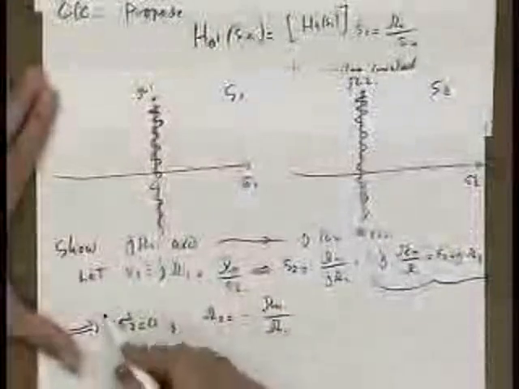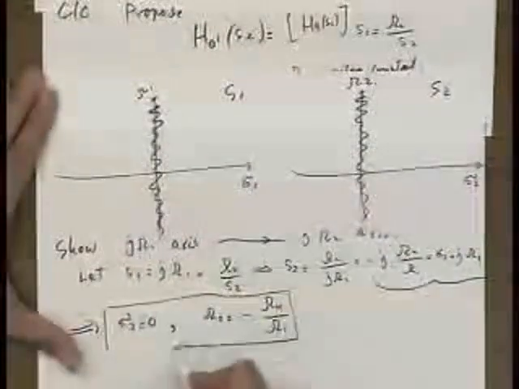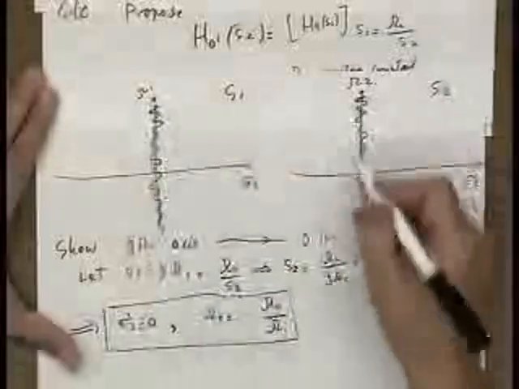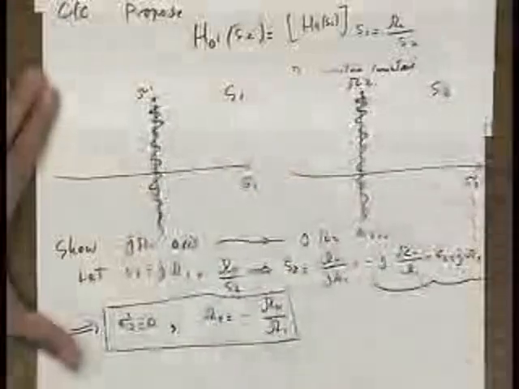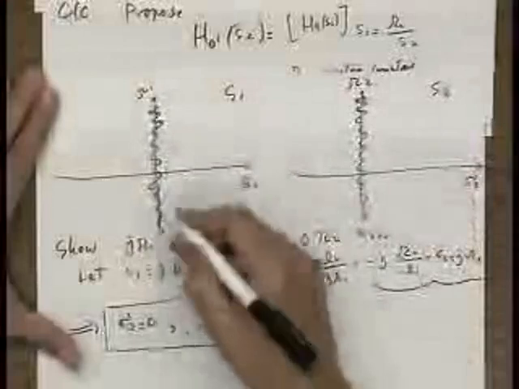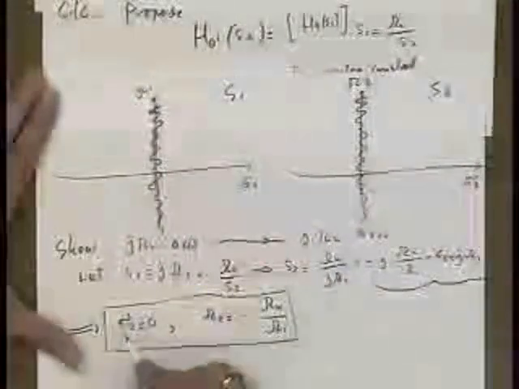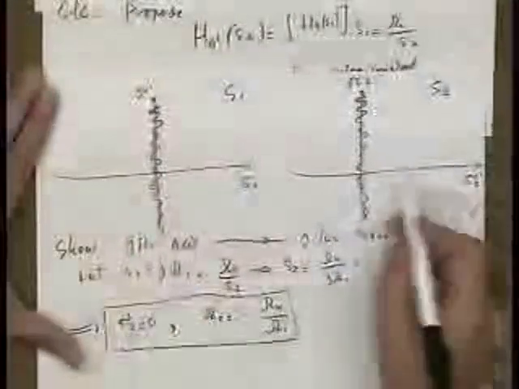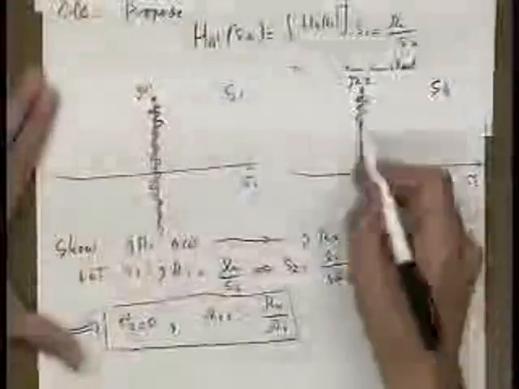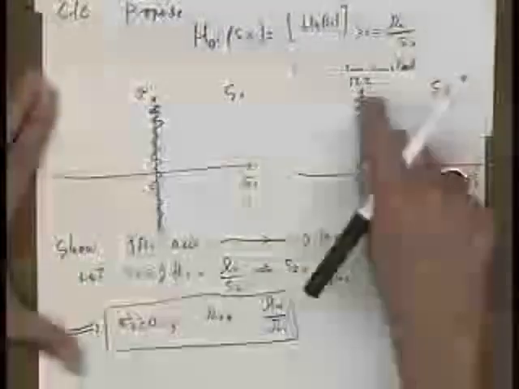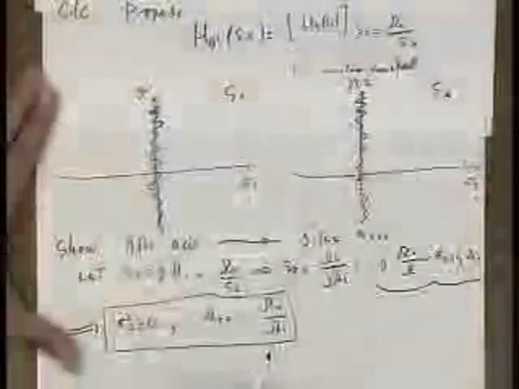So this is the image, or the mapping, of the j omega 1 axis in the S2 plane. What did it get mapped to? It got mapped into the line where sigma 2 is equal to 0. Well, sigma 2 equals 0 is this axis. So exactly, this j omega 1 axis did indeed get mapped into the j omega 2 axis.